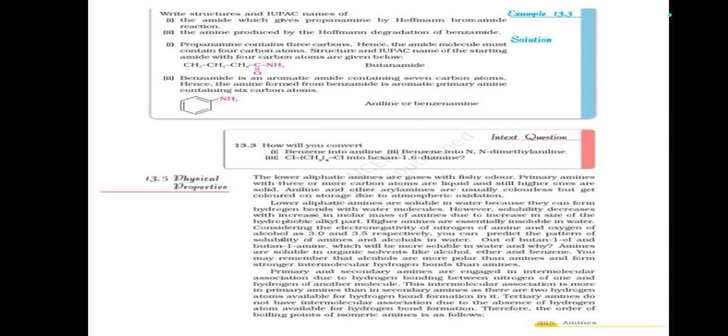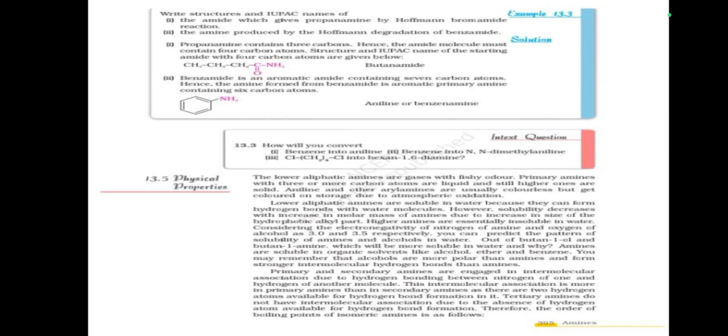Primary and secondary amines are engaged in intermolecular association due to hydrogen bonding between nitrogen of one molecule and hydrogen of another molecule. This intermolecular association is more in primary amines than in secondary amines, as there are two hydrogen atoms available for hydrogen bond formation in it.